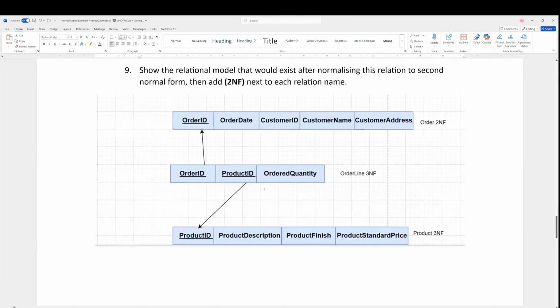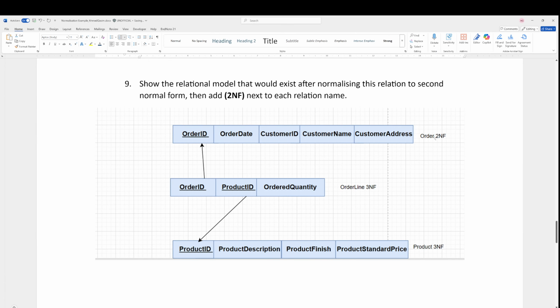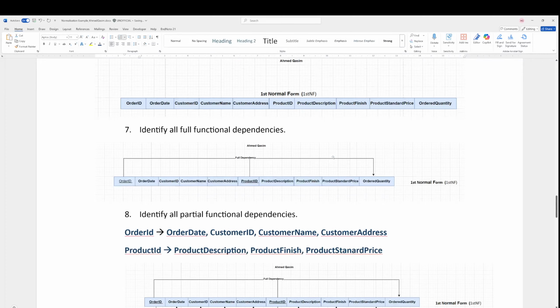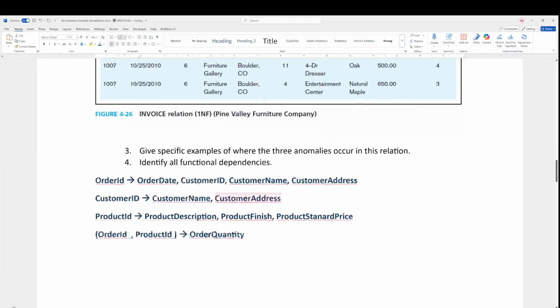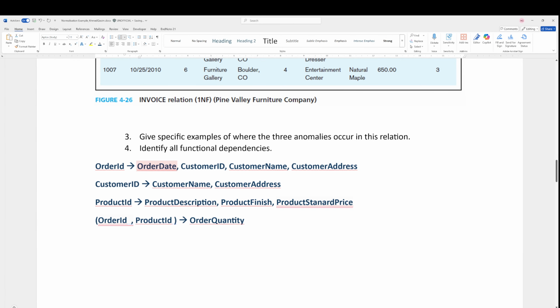And this can also help you to identify whether it is in the third or second normal form. But this is obvious because you can see customer ID is transitive, because we already discussed that order ID determines customer ID, and then customer ID can determine these. So the customer name and customer address are transitive to the order ID because they're actually determined by the customer ID.